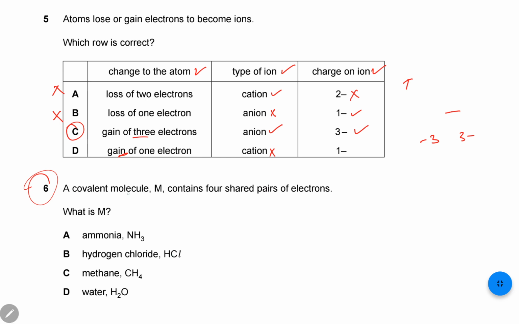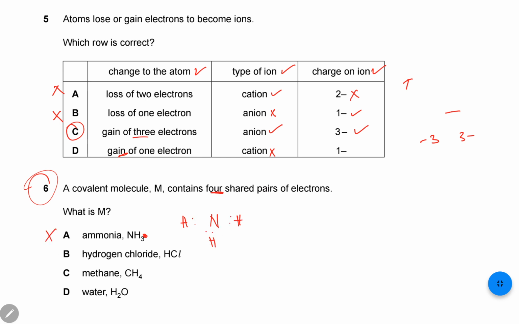A covalent molecule contains 4 shared pairs of electrons. What's your answer? When you look at ammonia, it has nitrogen in the middle, then there's hydrogen there, and hydrogen there.